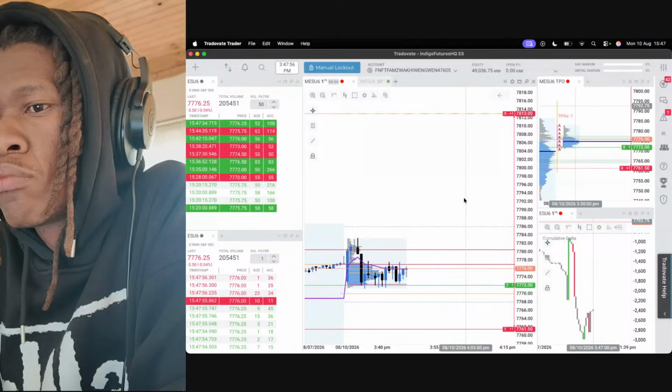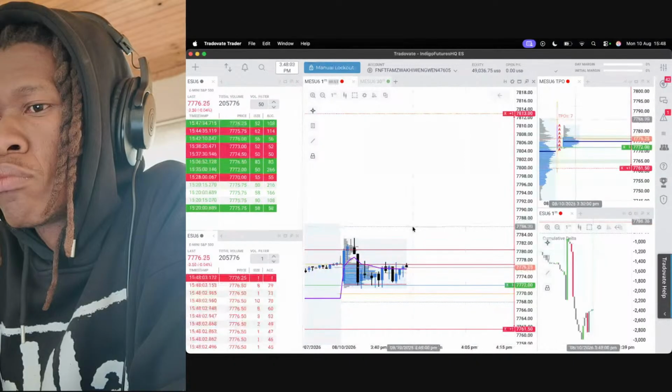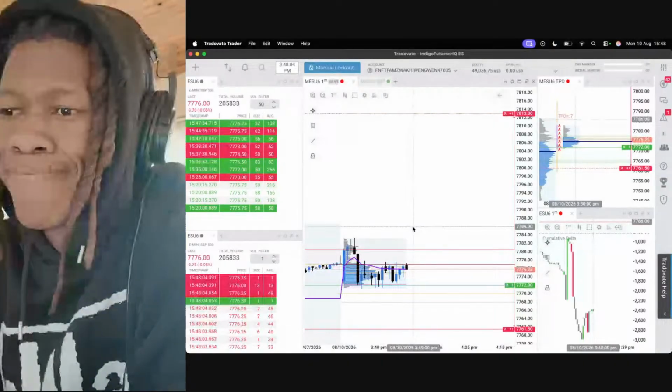If we miss this, we could wait to see if we get a retest of 786s. Here's our previous day point of control.